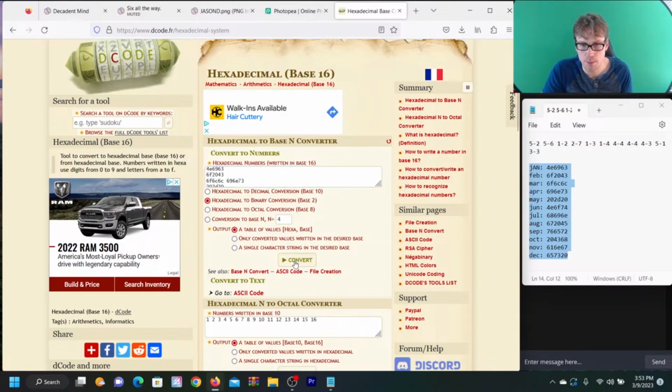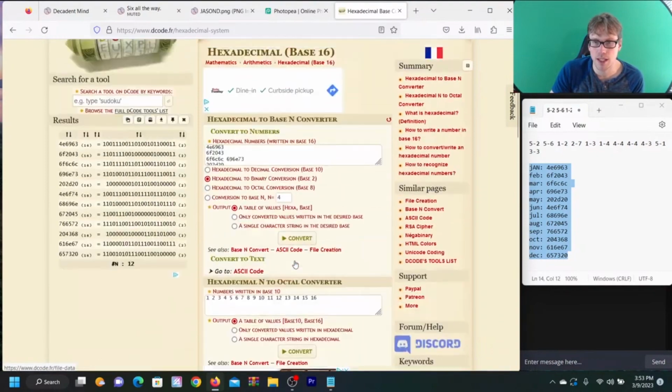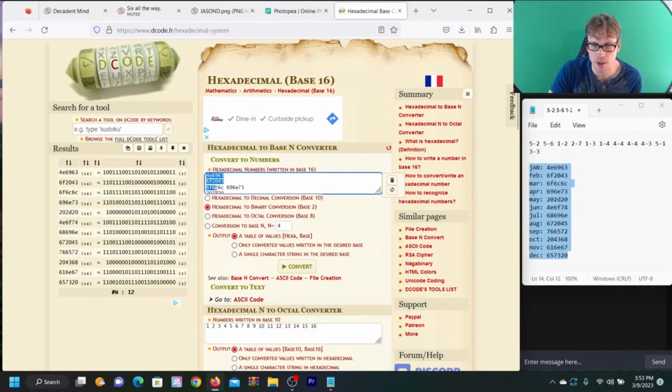Alright, let's see what happens here. See, I don't want this. I want it to just transfer into letters, which I know is a thing it can do.